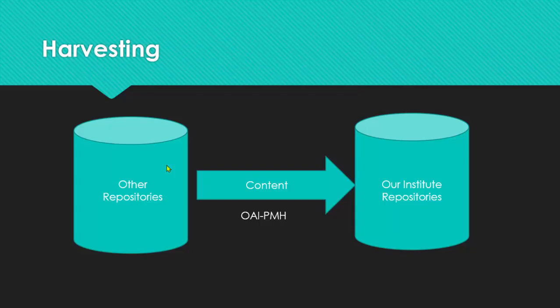We are going to that repository and taking the data into our repository. It can be built so our library acts as a service provider, as a data provider. So let's see how to do it.